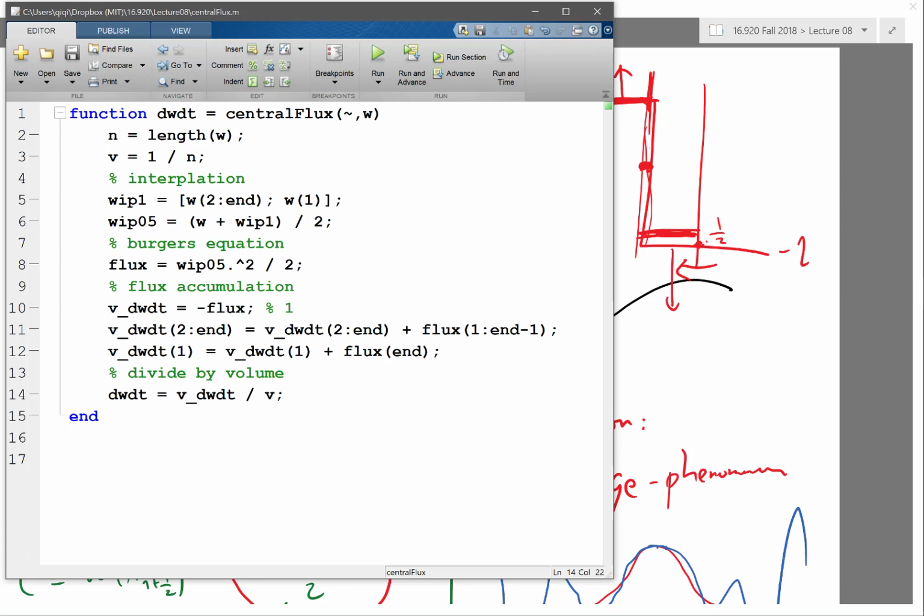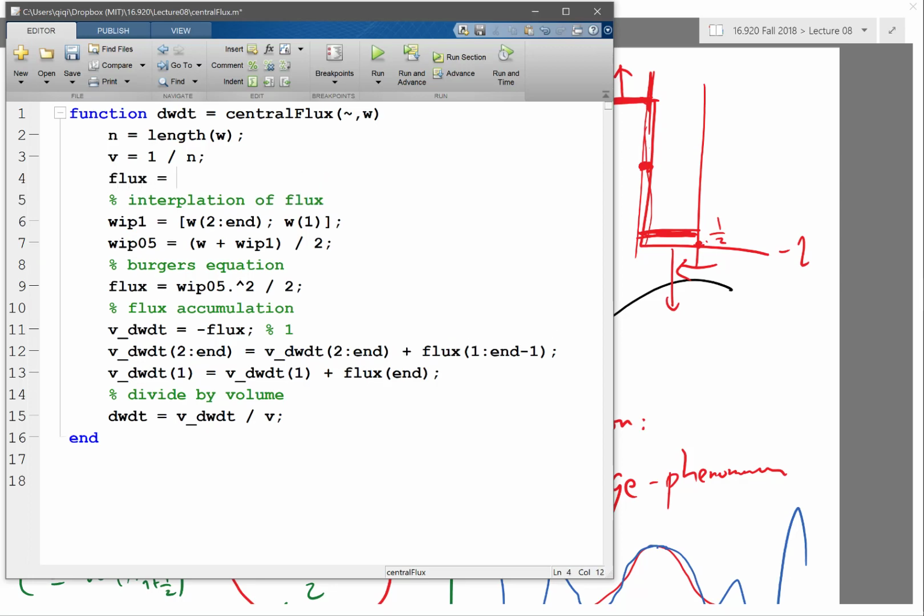So in here I can show you if we directly go for the flux, as opposed to the interpolation of, let's say, the solution. Basically, we'll say flux is equal to W squared over 2. And then interpolation of the flux, so we'll say F at i plus 1.